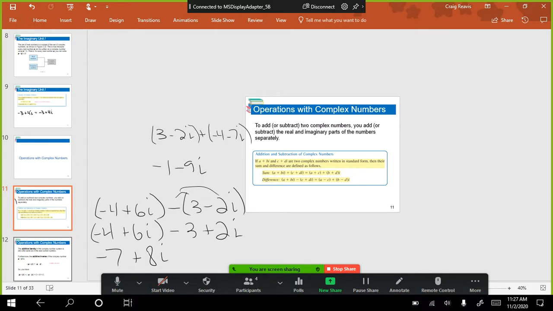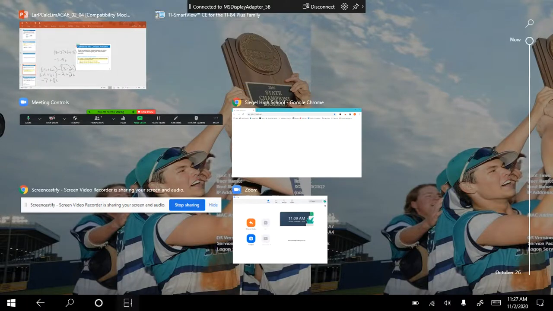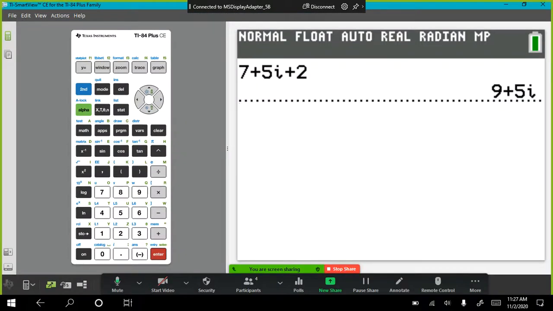The other thing, we have these calculators. If I want to add 6 minus 4i plus -8 minus 3i, right?